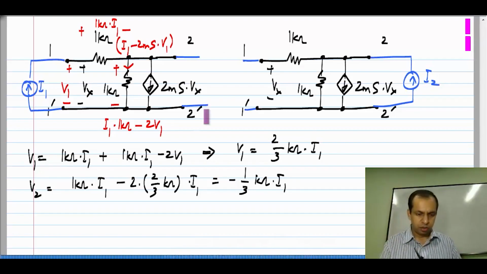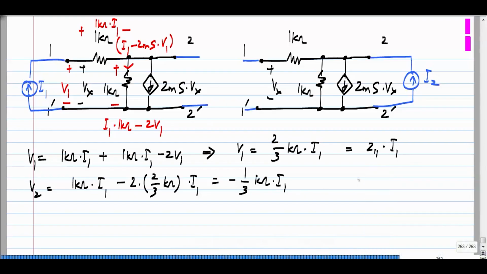And with port 2 open circuited, we know that V1 is nothing but Z11 I1 and V2 is nothing but Z21 I1. So, Z11 is this quantity and Z21 is that quantity.